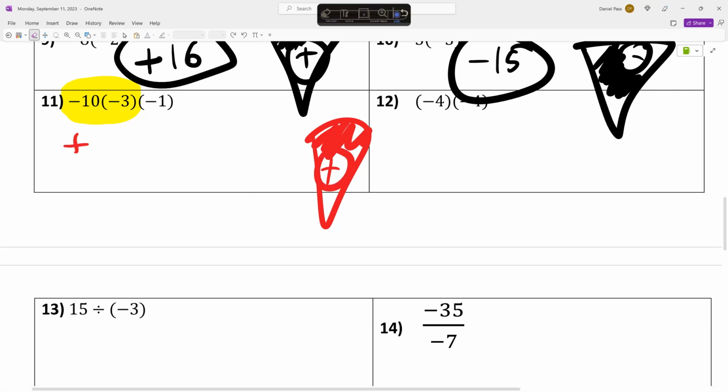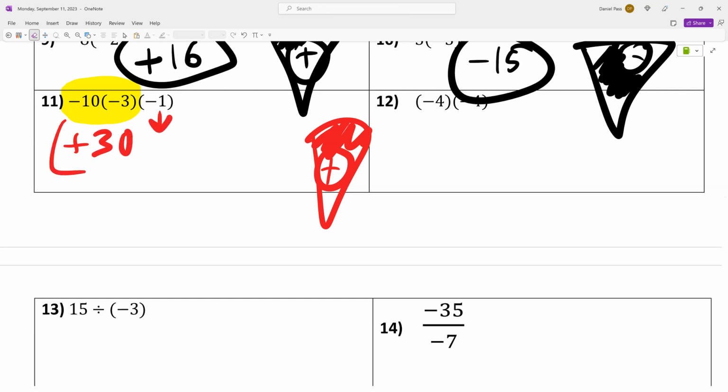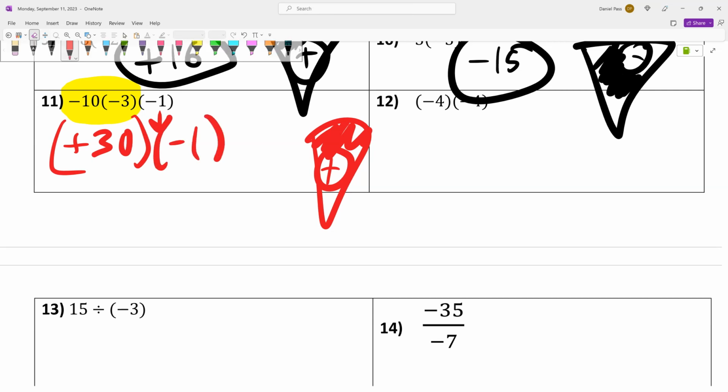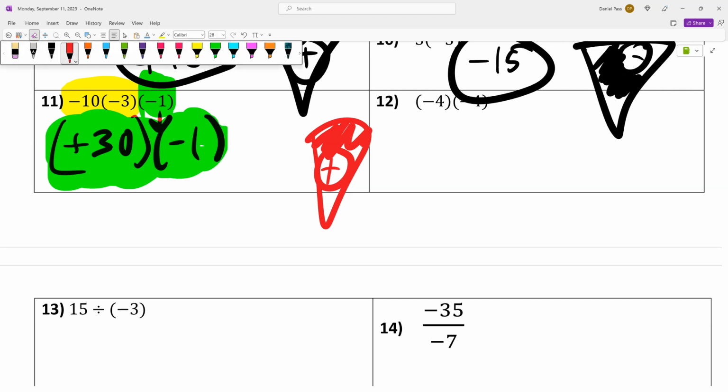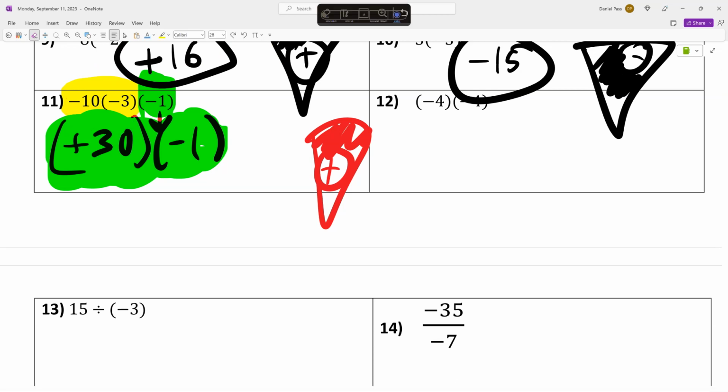Now that we have positive 30, we have to bring the negative 1 down. So positive 30 times negative 1. So now we have our second problem. Does that sort of make sense? It's just two different problems. First two first, and then bring down the negative 1. Negative 30. Correct.